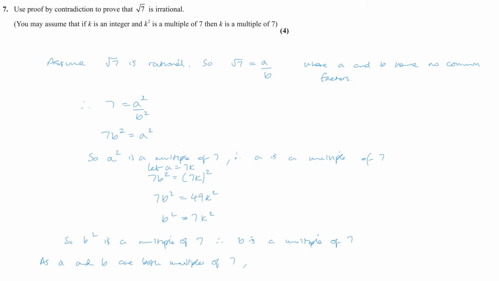Okay, so this contradicts the fact that A and B have no common factors. Okay, hence root 7 must be irrational.